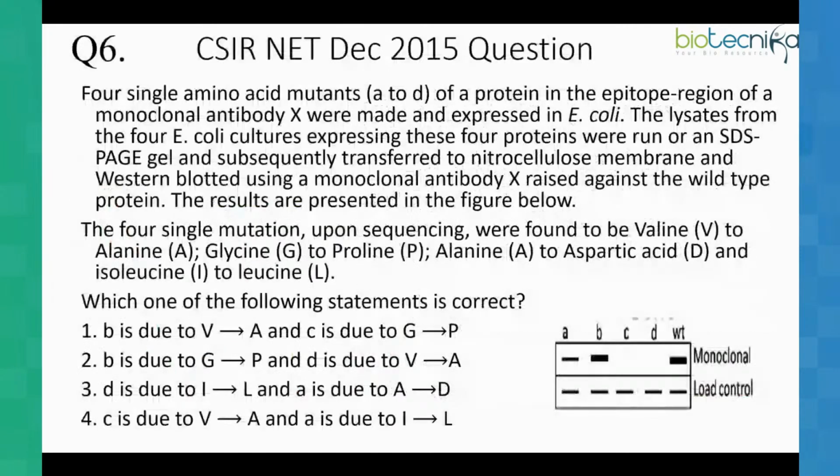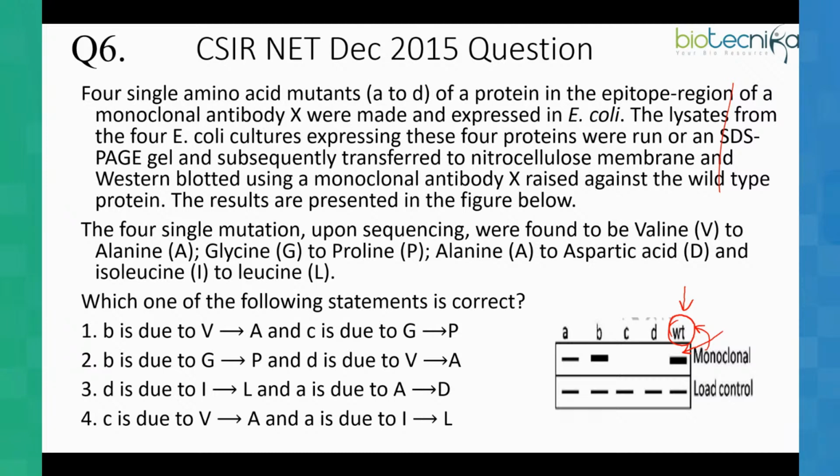Next is this question, again on proteins only, but more than proteins, this question depends on amino acids. So what exactly is this question asking? A lot of blah blah is given in the initial area, but you can ignore that. You can just see this is a wild type protein, and a monoclonal antibody is generated against the wild type.